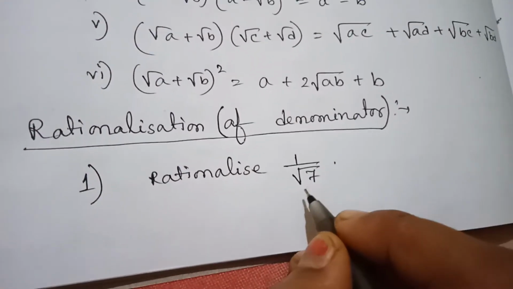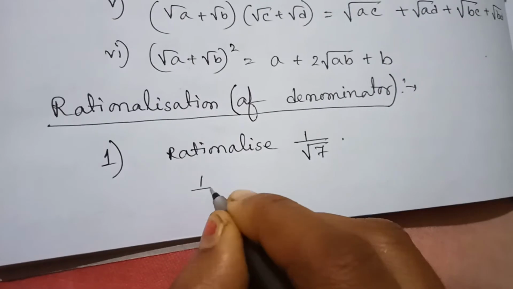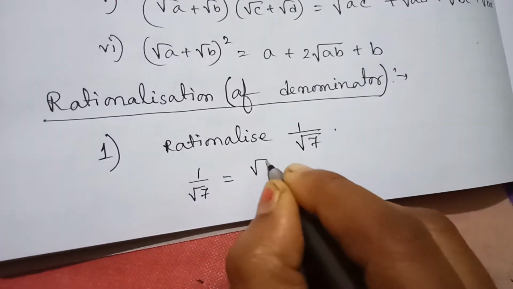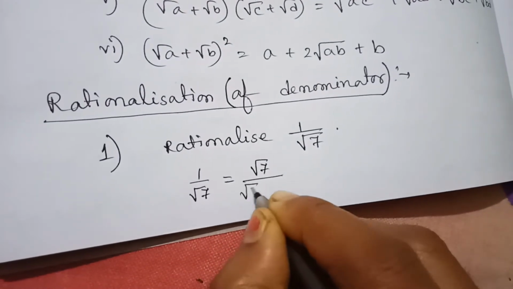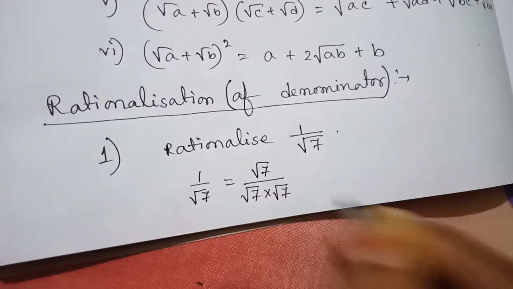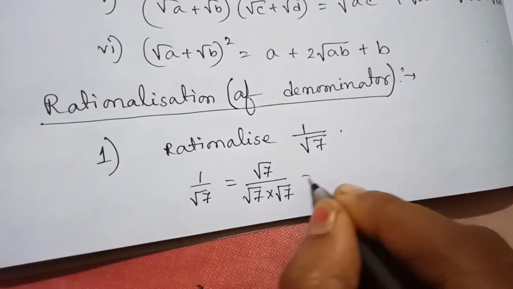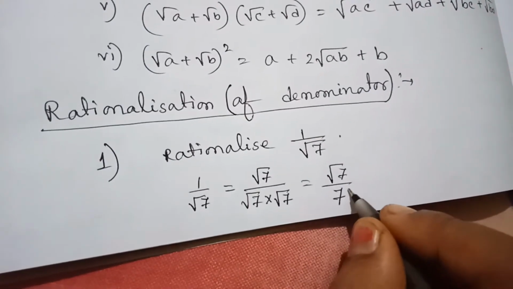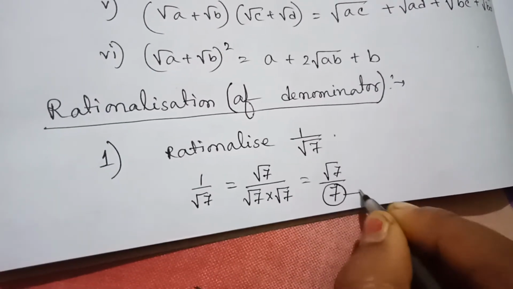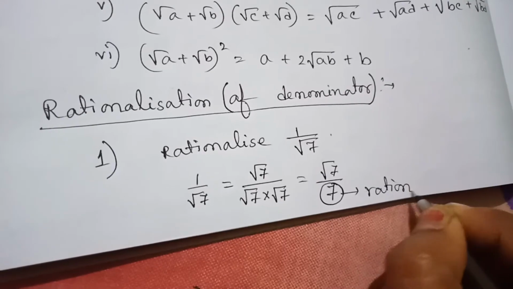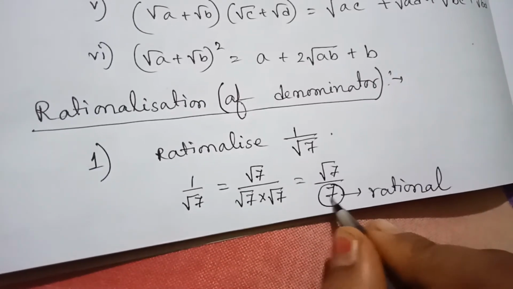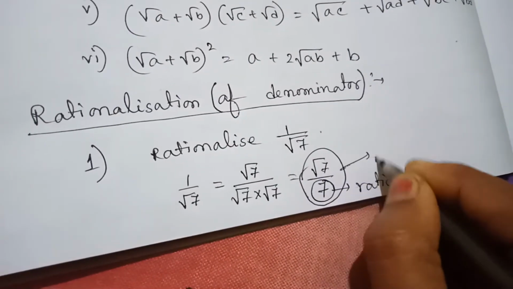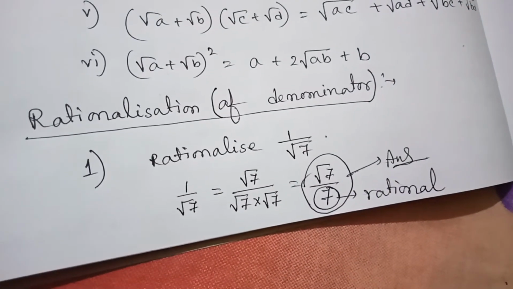When we are getting root 7 here, we are writing 1 by root 7. This equals, we are multiplying root 7 to the denominator and the numerator both. Then we are getting root 7 divided by 7. Now you can see this denominator is rational, not irrational, right? This is rational, that means root 7 by 7 is the answer.